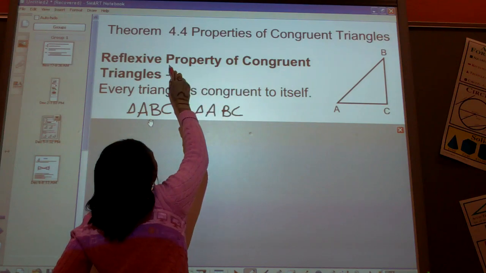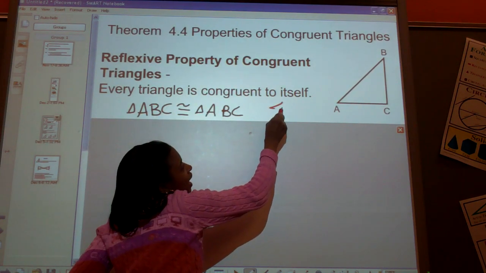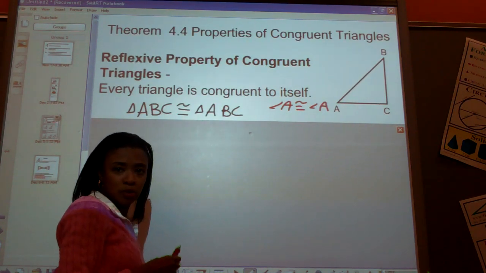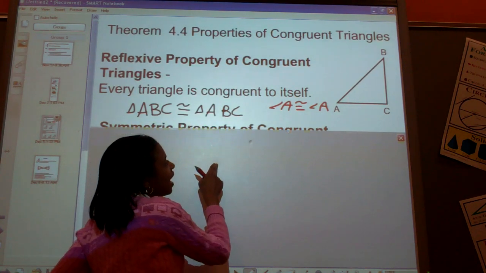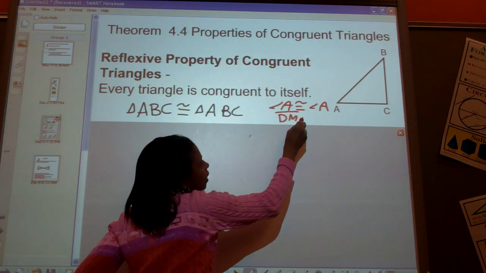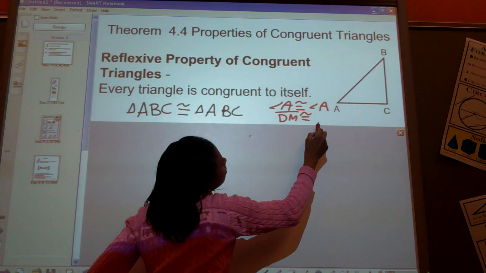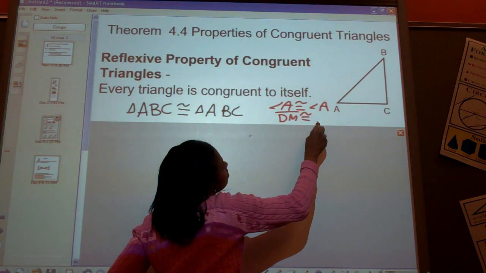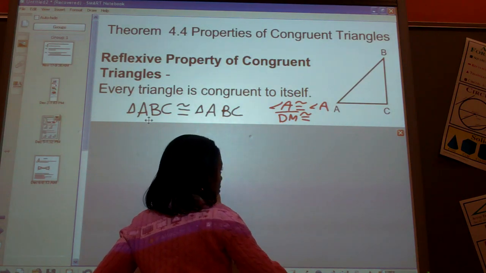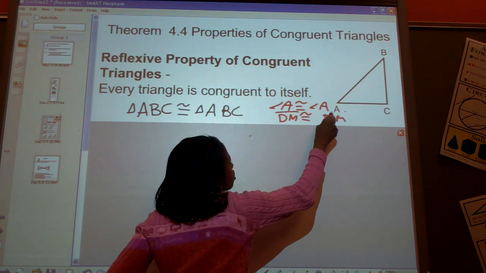Remember when we did the reflexive property, we said angle A is congruent to angle A, congruent to itself. Or when we did segments, segment DM is congruent to segment DM. It was congruent to itself.